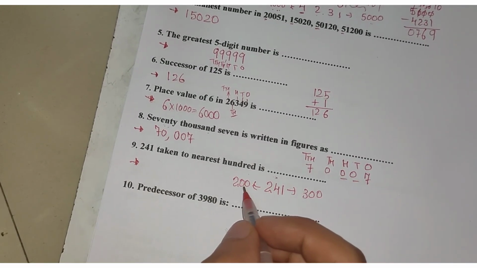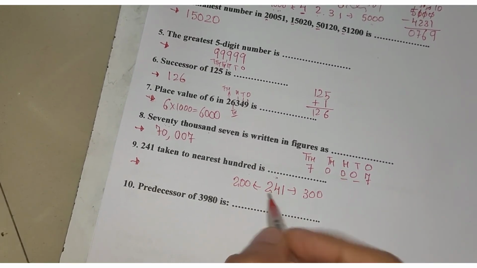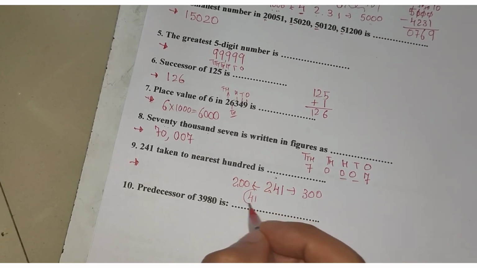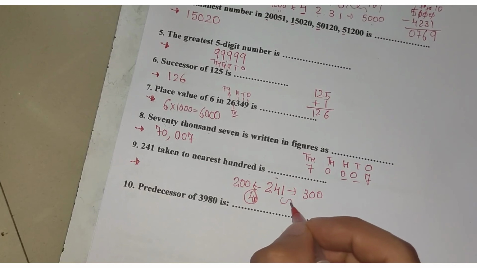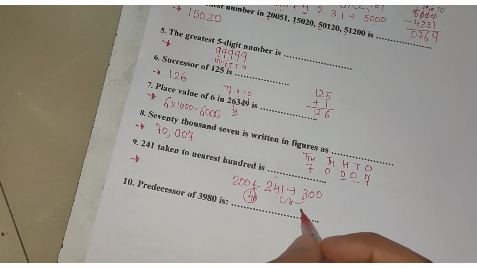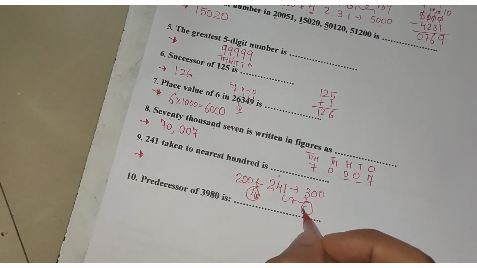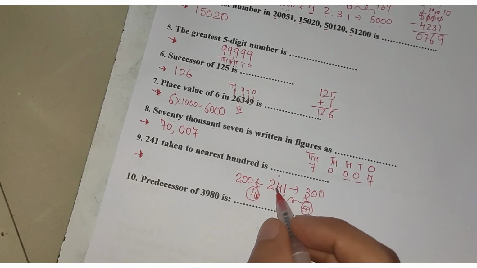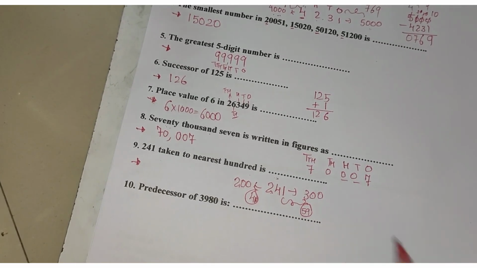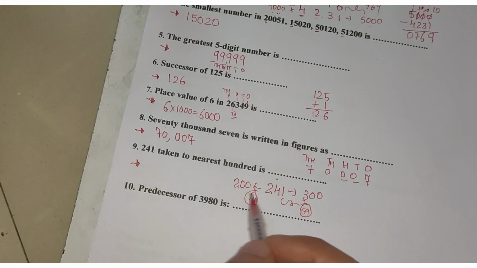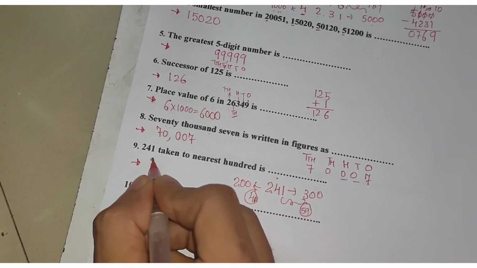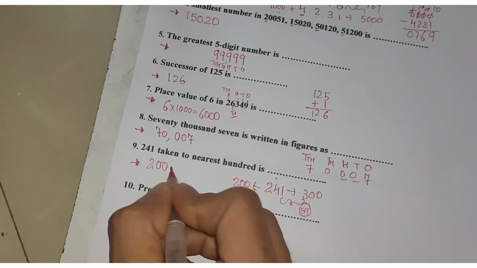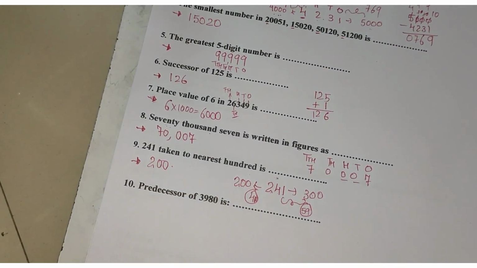As we know this is 200 and this is 241, the gap is 41. But what about this? Here the gap is 59. If you subtract 300 minus 241, you will get 59. So which gap is small? This gap is small. So the nearest 100 for 241 will be 200.